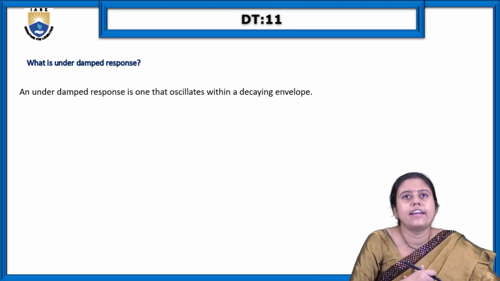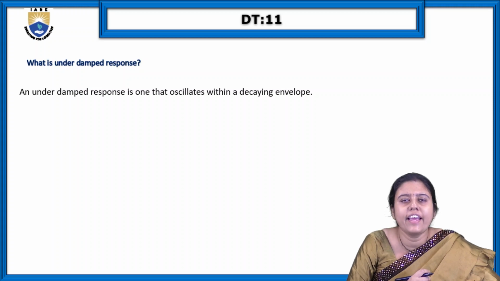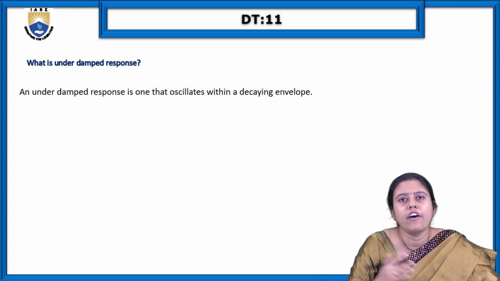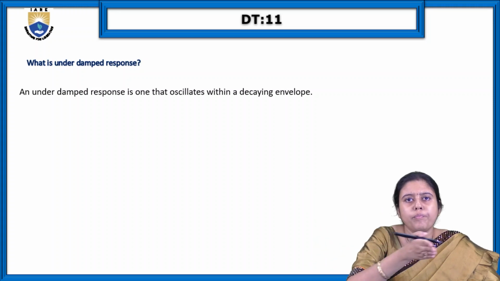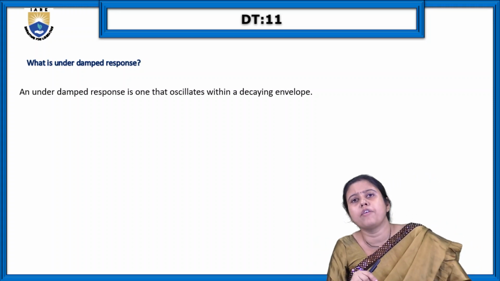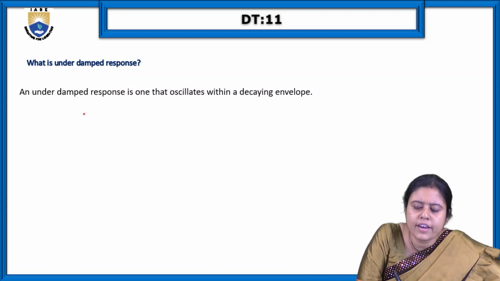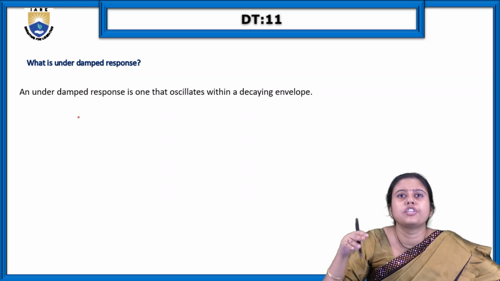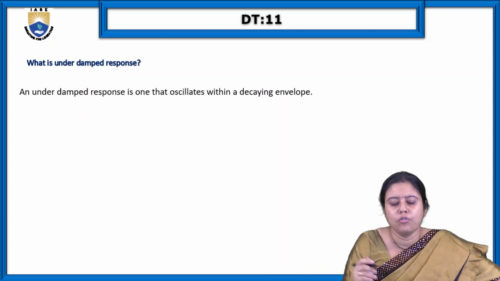Next, what is the underdamped case? Underdamped case means one that oscillates within a decaying envelope. Say we have a pendulum. Normal condition, if the pendulum is moving, there is no friction of air or no disturbance, it will show a simple harmonic motion. Simple harmonic motion means nothing but the sinusoidal output.